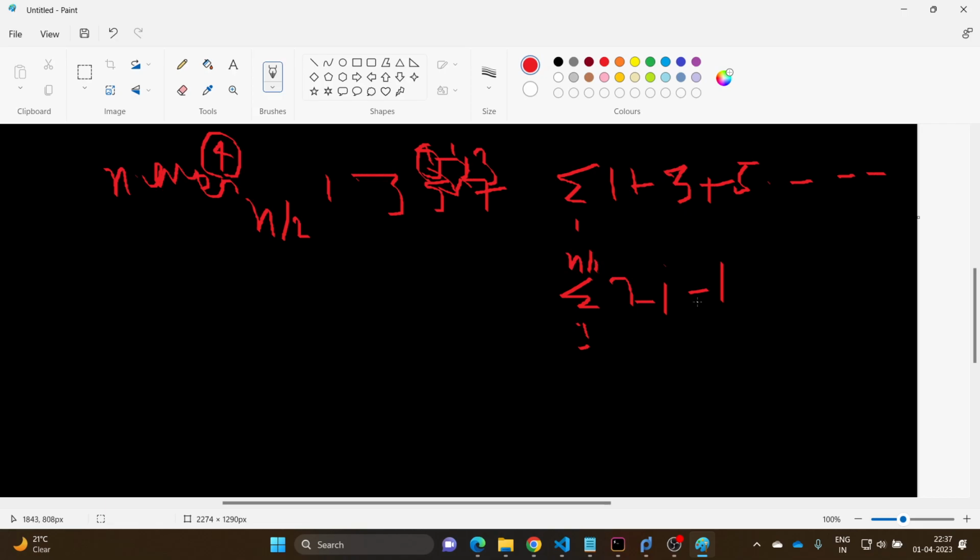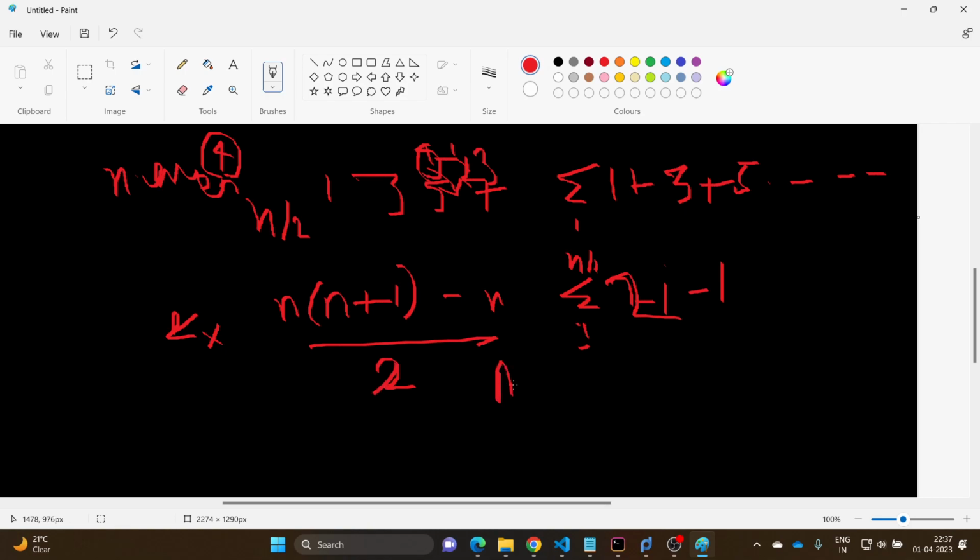Okay. Now what is the sum of all elements from 1 to n? That is nothing but n into n plus 1 by 2. And what is the sum of all the odd elements from 1 to n? That is n. You multiply it by 2 and then you get n squared.